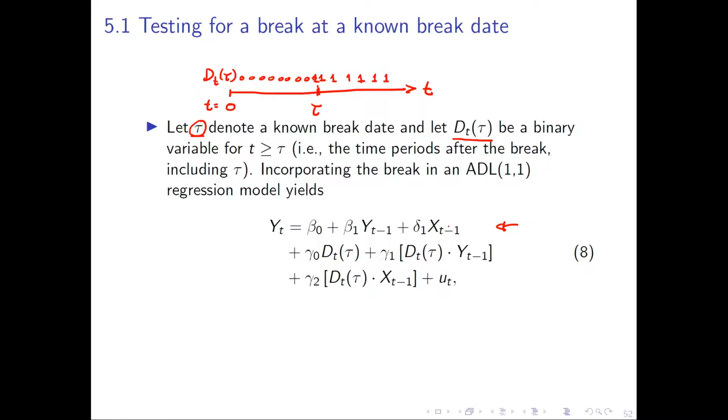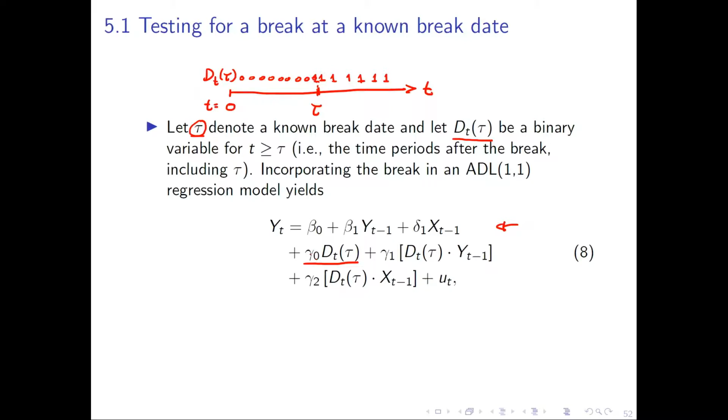And to test for the break, we can check the intercept for a break, and this gamma naught would then be the change in intercept from beta naught to beta naught plus gamma naught.